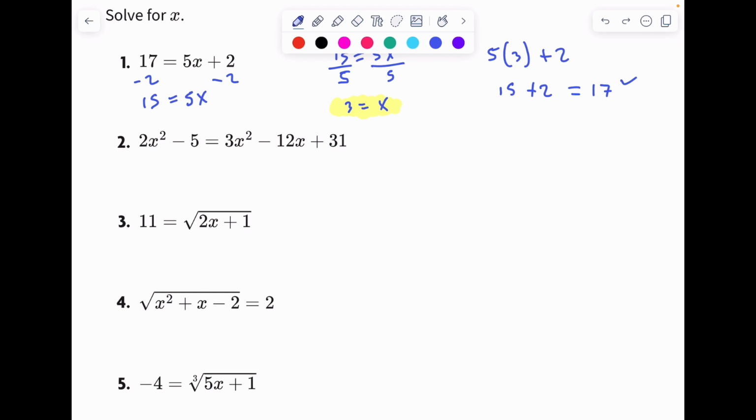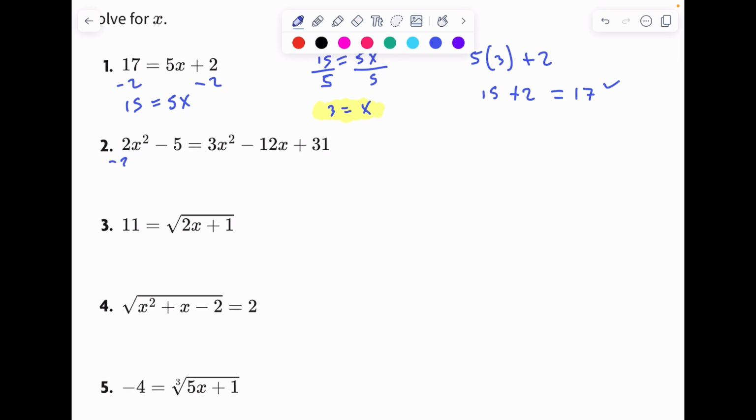The next one, let's move everything to one side, right? So I want to move minus 2x squared here, and then move it up here, okay? And then let's do a different color here. So we'll do a plus 5 and combine it with this plus 5, okay? So then I'm going to get 3x squared minus 2x squared, that gives us just x squared.